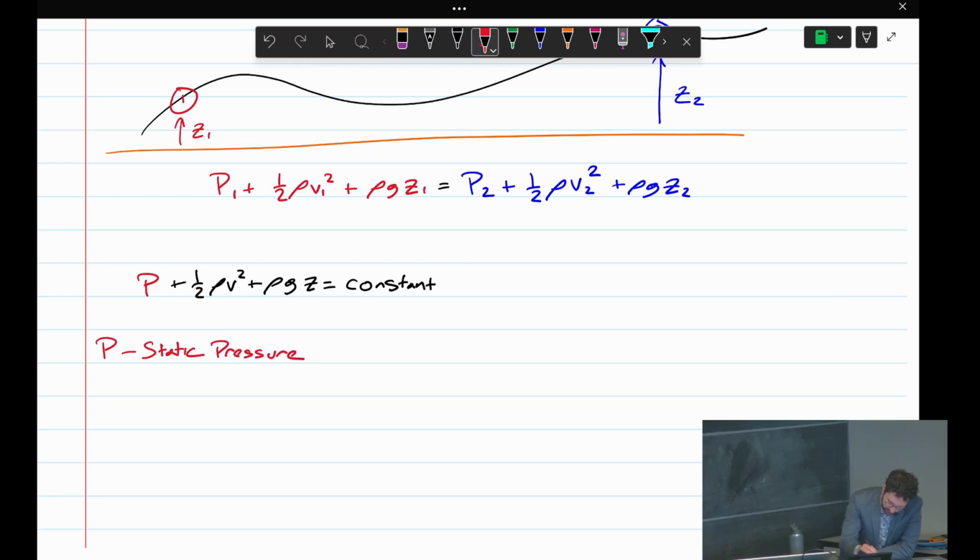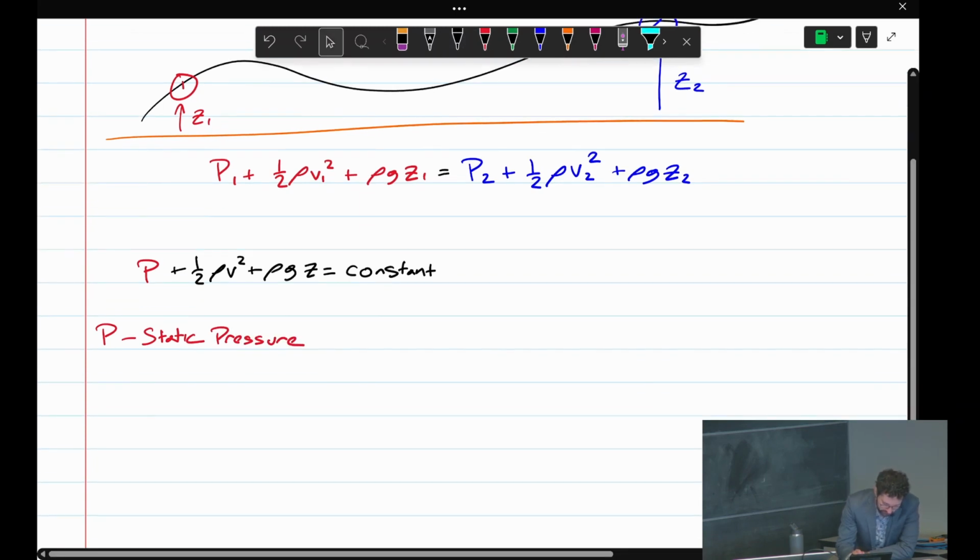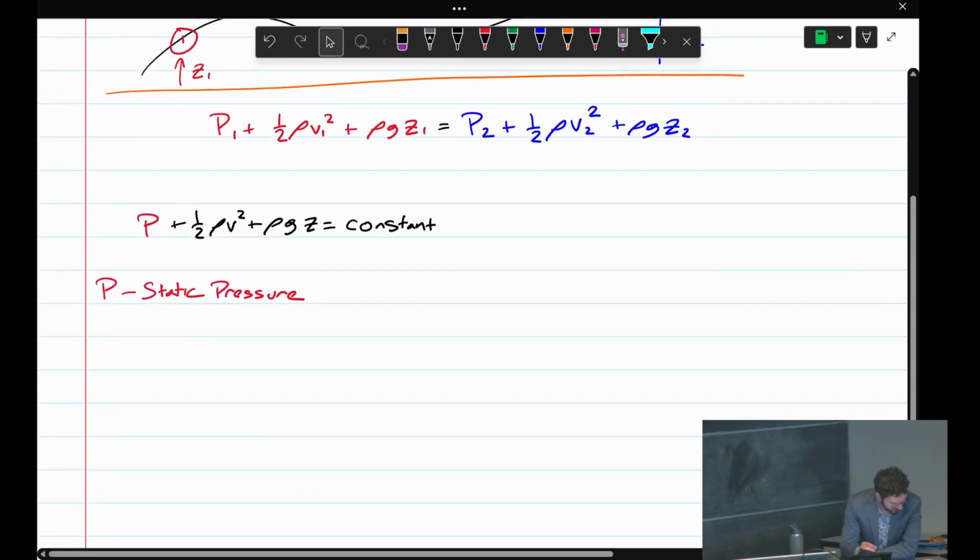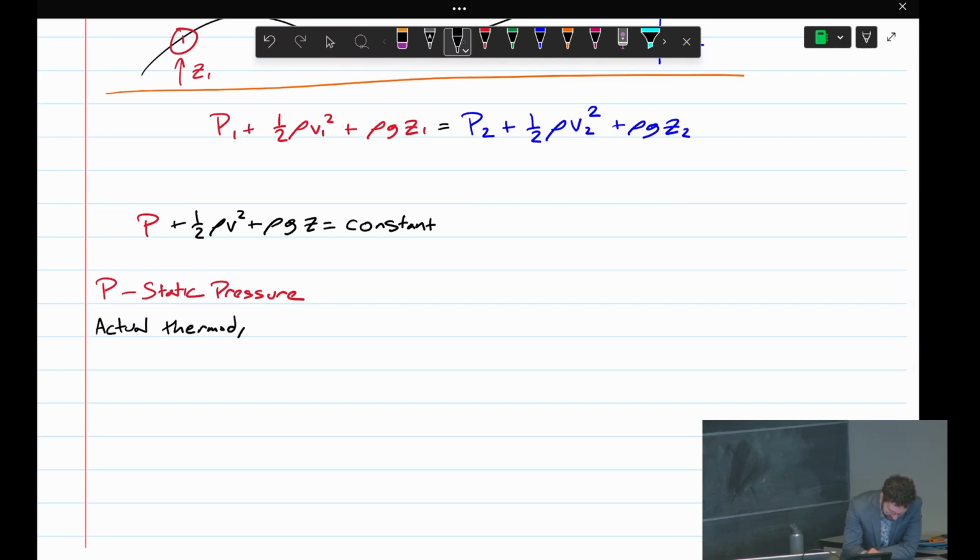So static pressure is the actual thermodynamic pressure of the fluid.